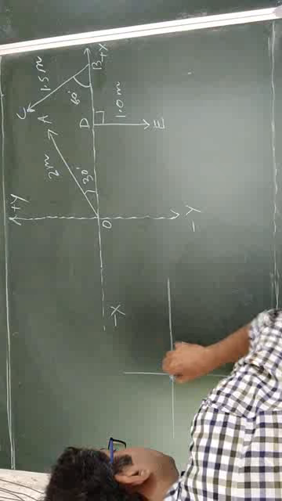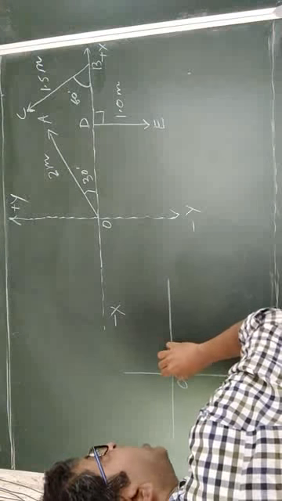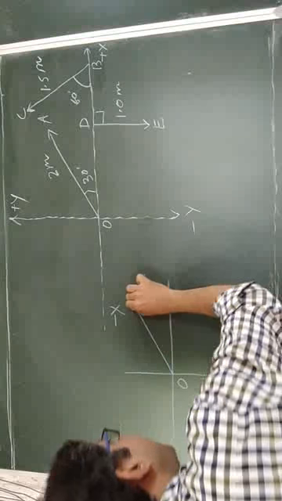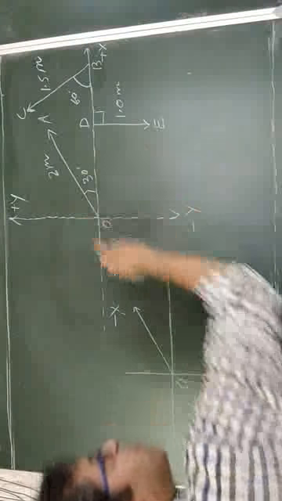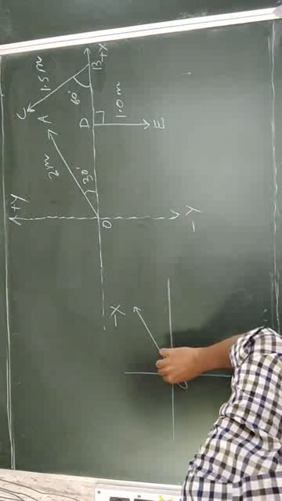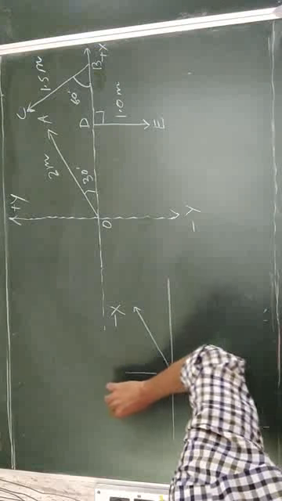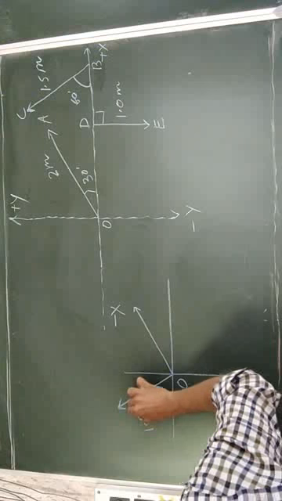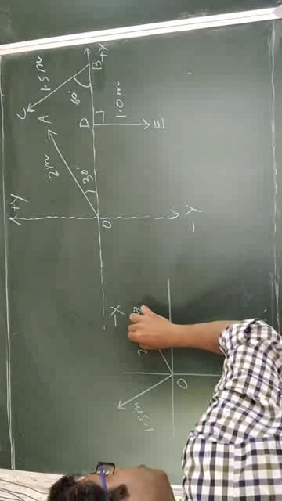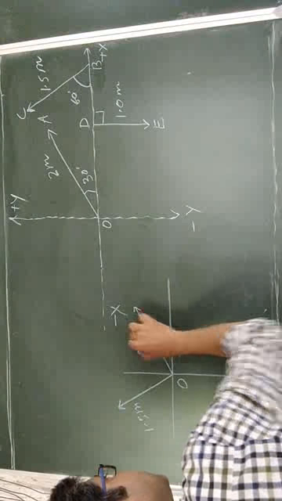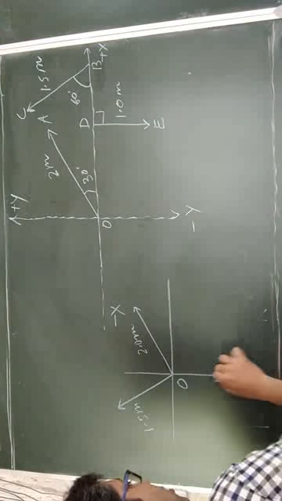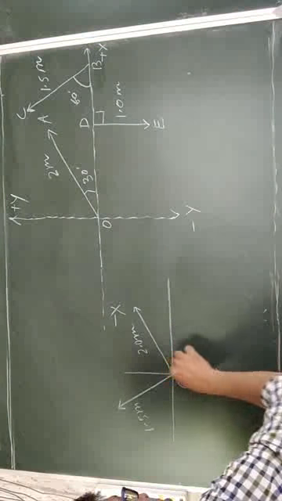Then this is O and this is OA. This is that 1.5 meter. This is 2 meter. And this is 1.0 meter.